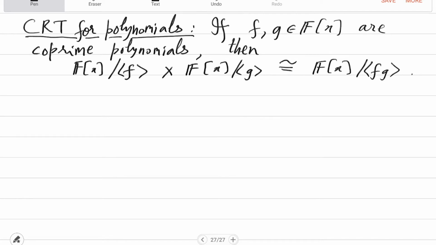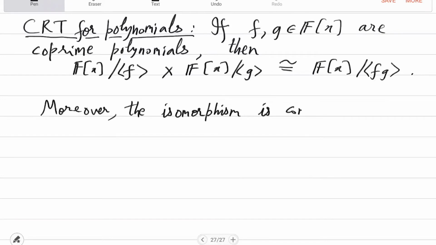You use the same map with f inverse mod g and g inverse mod f, and the time complexity to compute that isomorphism is computable in how many F operations?